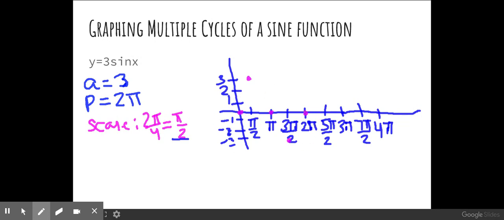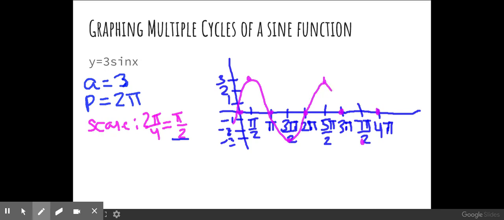If we want to do more than one, we continue it on. So x-intercept, maximum, x-intercept, minimum, x-intercept. So when we create multiple cycles, they overlap. So this point is the first point of the second cycle, and it's the last point of the first cycle.